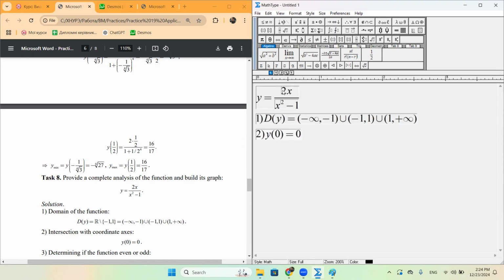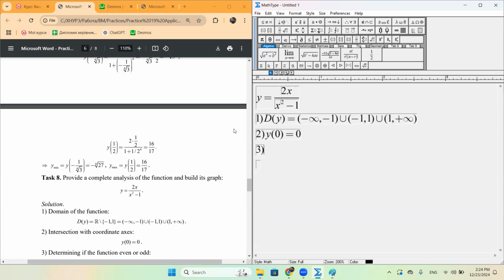For intersection points with the x-axis, we need to solve the equation y equals 0, and for the intercept with y, we just need to substitute 0 instead of x. But in our case, we can see that it intersects at the beginning of the coordinates.